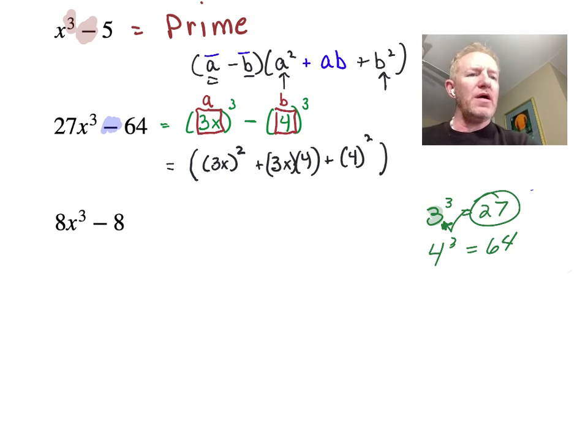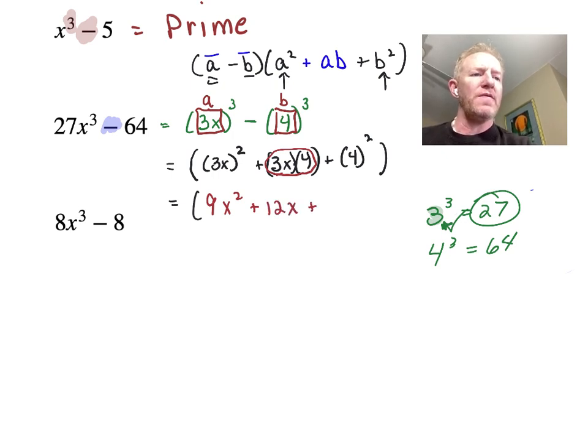And now we can simplify each of those little terms. My first term is 3x times 3x. That's what it means to square it. So that's 9, 3 times 3, and x times x. So this is a 9x squared. This is just all multiplication. 3 times x times 4. We do the 3 times 4 times x.